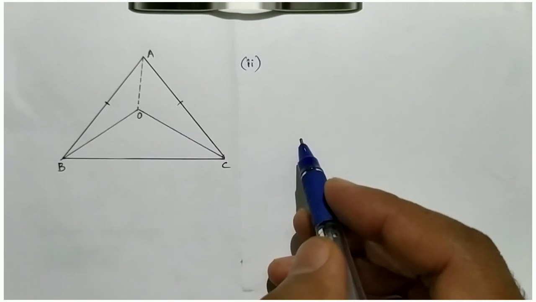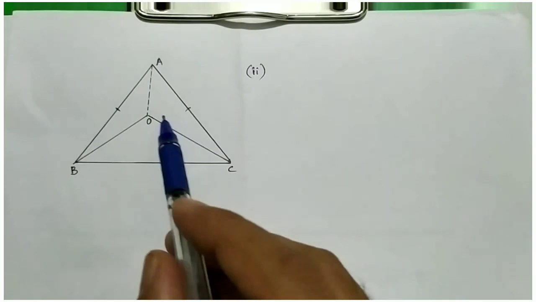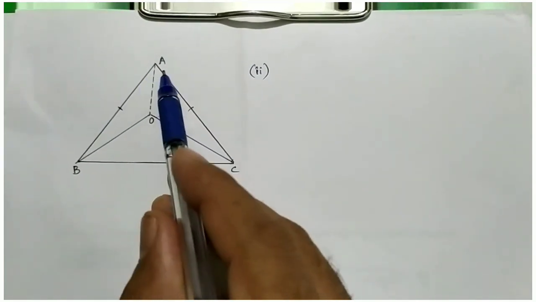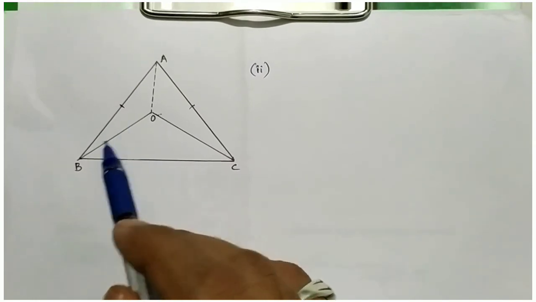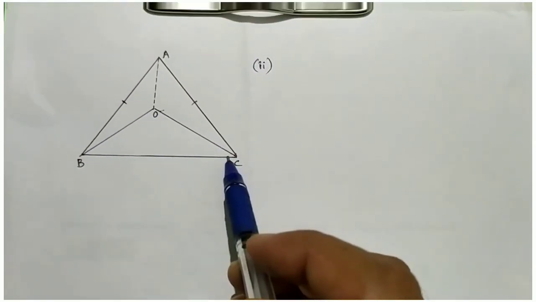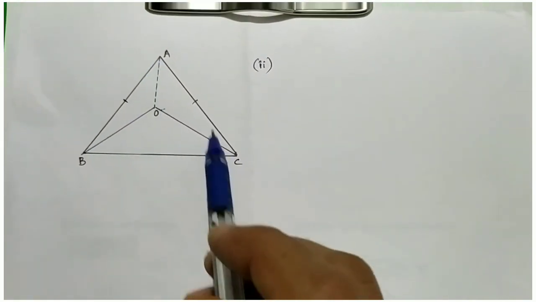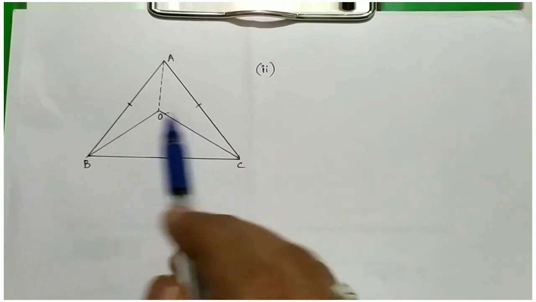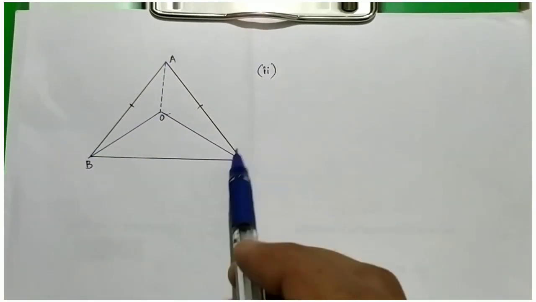Now the second case: we have to show that AO bisects angle A. Just now we proved OB equal to OC, and it is given that AB equal to AC. It means two corresponding sides are equal in these two triangles, AOB and AOC.